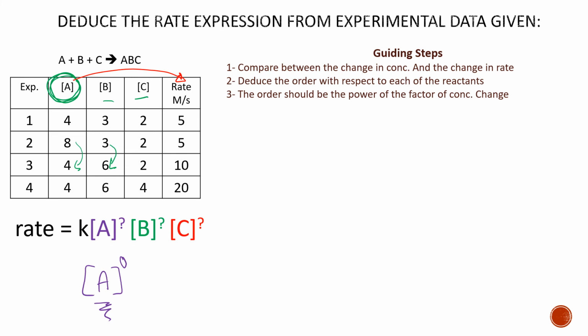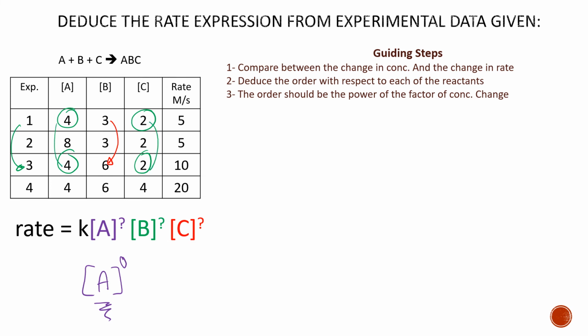Which experiments should we choose where B is the only reactant that is changing and the others are the same? Okay, 1 and 3. Why 1 and 3? Because A is fixed, C fixed. From 1 to 3, A same, C same, but only B changes.